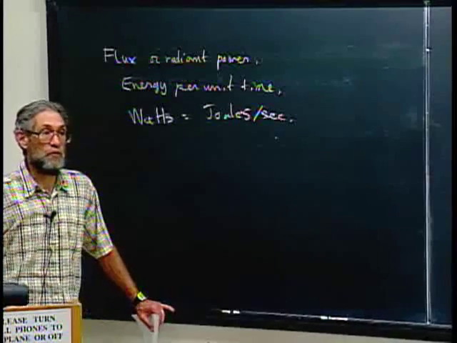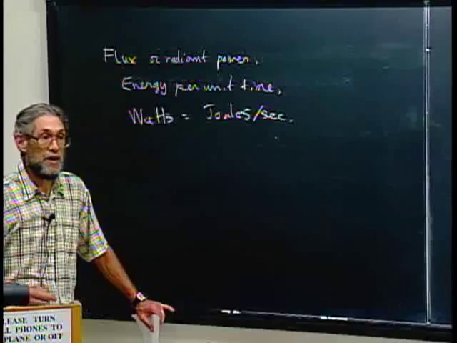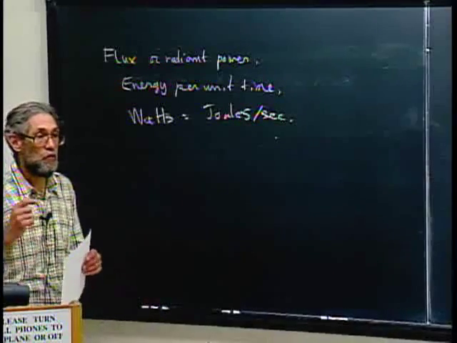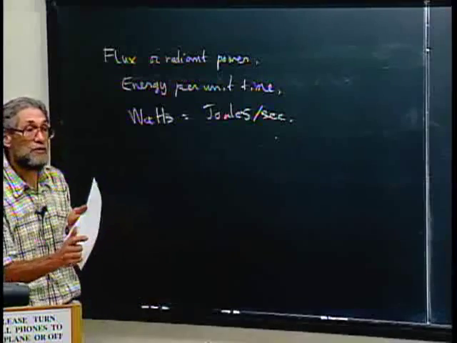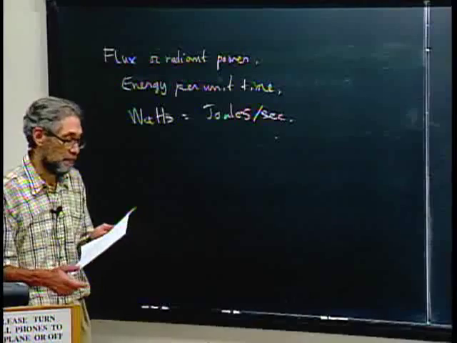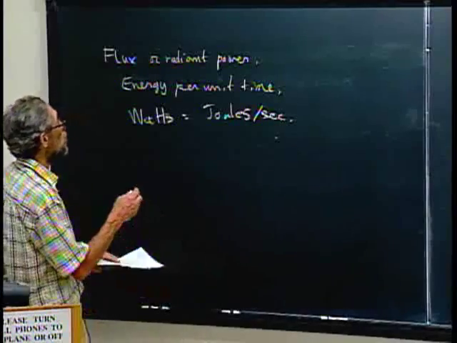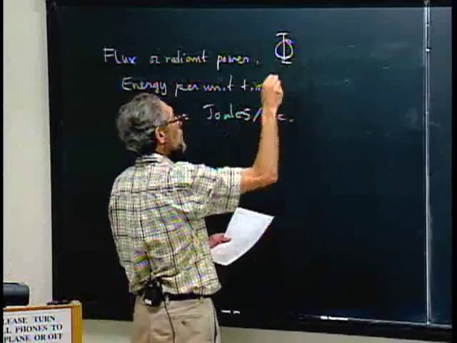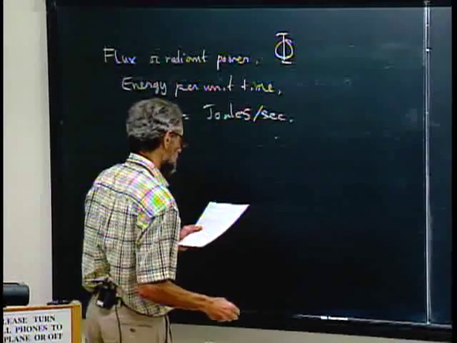And so every individual photon has its own energy, and you have a collection of photons that are crossing some place per unit time. Then it becomes power. And so the unit we use is capital Phi, which is the notation for flux.